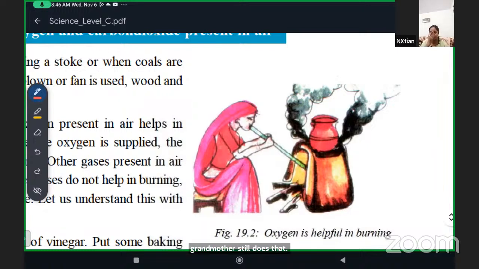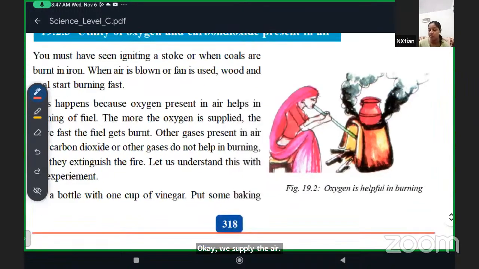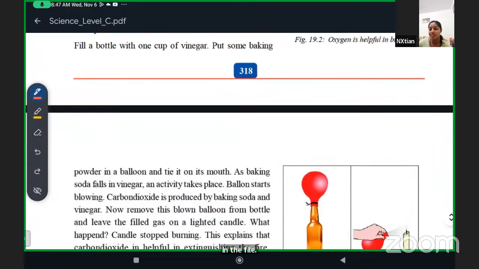So they do that to ignite the fire faster and get a good flame. Okay, they supply the air in the fire. Now, oxygen is that gas which helps in burning the fire, which supports the ignition of a fire, the igniting of a fire.